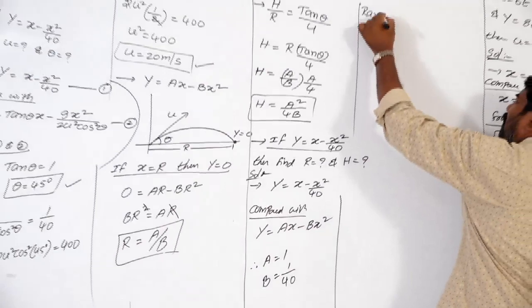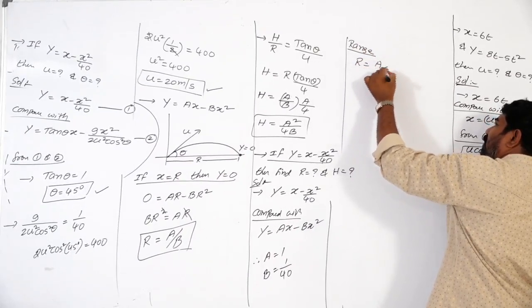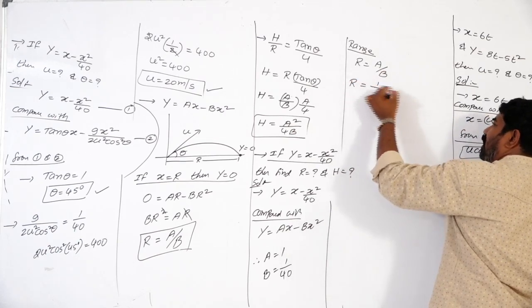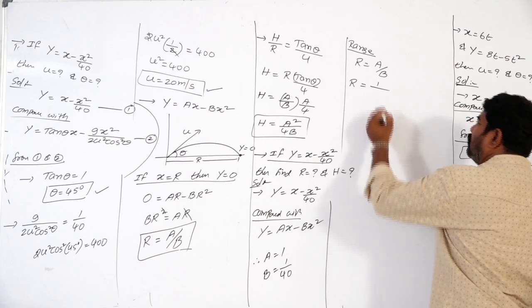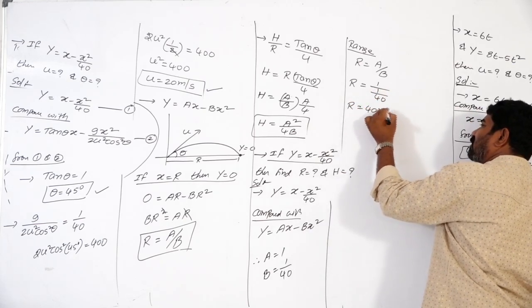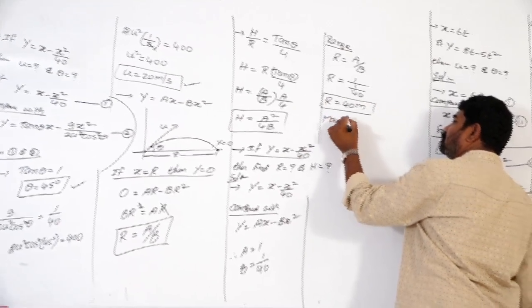Now we go for the range. Here range R is equal to a by b. Range R is equal to, a is nothing but 1, b is nothing but 1 by 40. That means range is nothing but 40 meters. Now what is the maximum height?